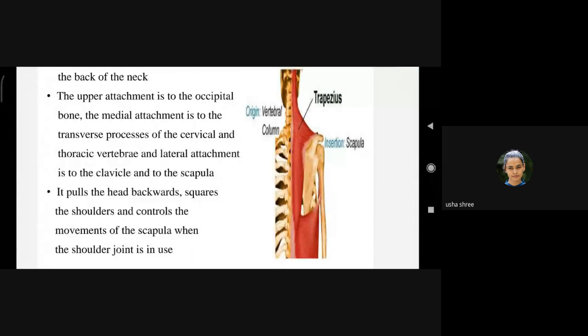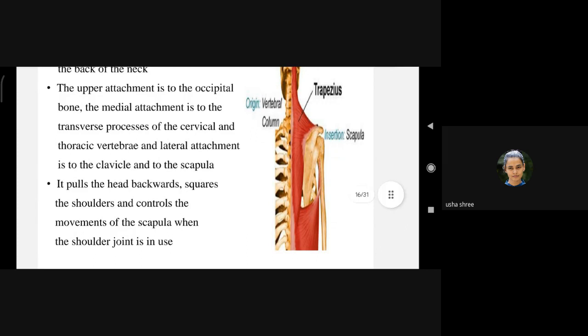So these are the functions of this muscle. It pulls the head backward, squares the shoulder, meaning it helps in the movement of the shoulder, and controls the movement of the scapula when the shoulder joint is in use.